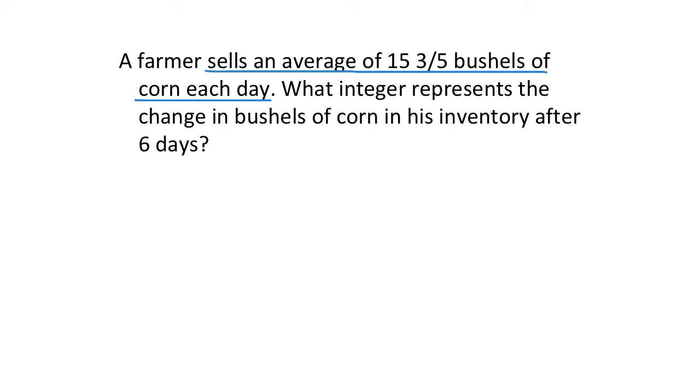And we're trying to figure out the inventory after 6 days. To find for 1 means I have to divide. But to find for something other than 1, I need to multiply. So I'm going to take the 15 3/5 bushels that he sells each day and multiply it by 6.